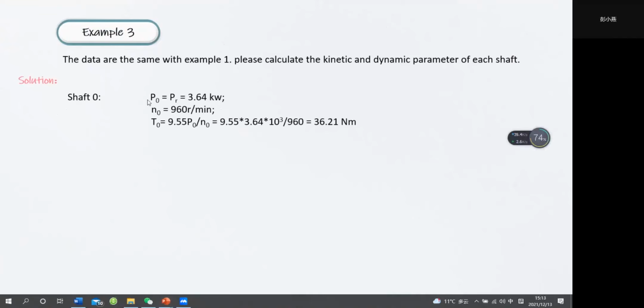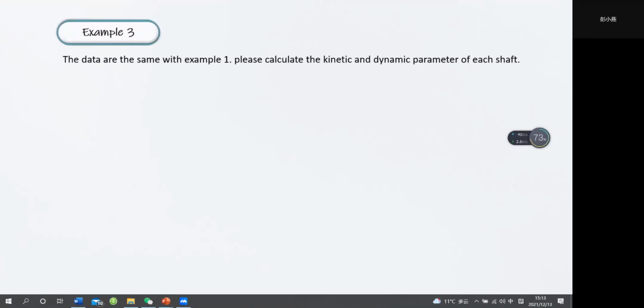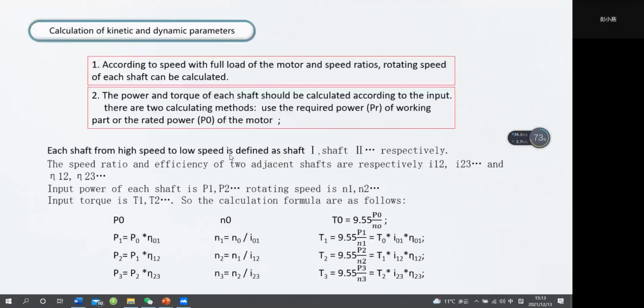P0 is the output power of the motor. P0 is the required power of the motor. We have calculated it before.